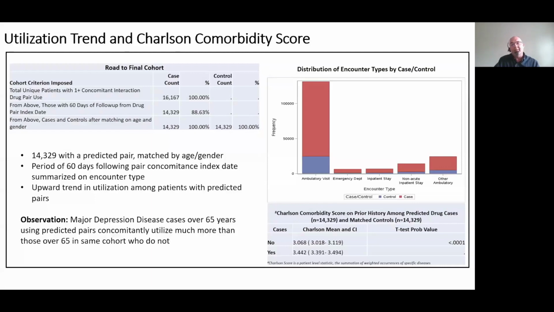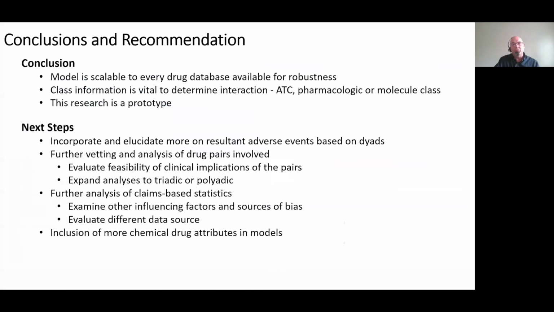And yet the cases far outstrip the controls in terms of their consumption of resources. Obviously, these numbers are not hard and fast conclusions. These are observations that will lead us to pursue this model.